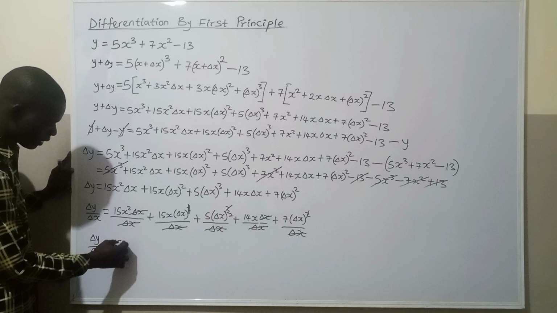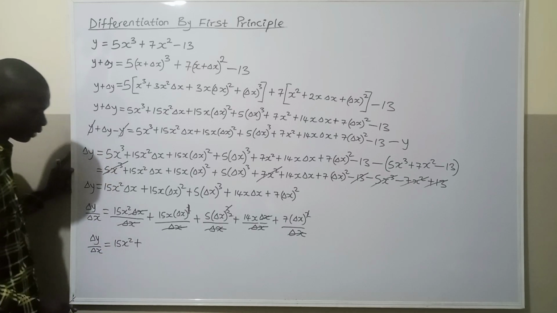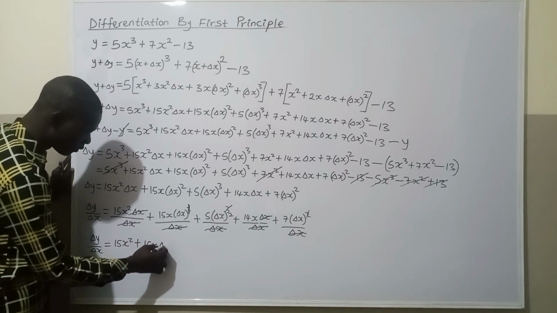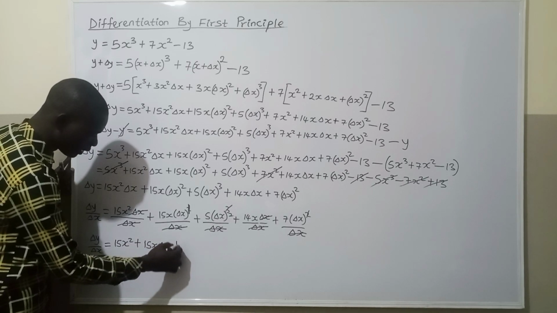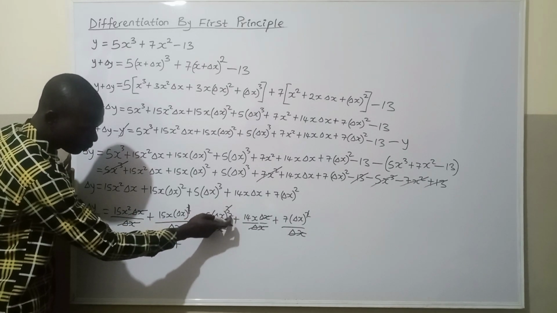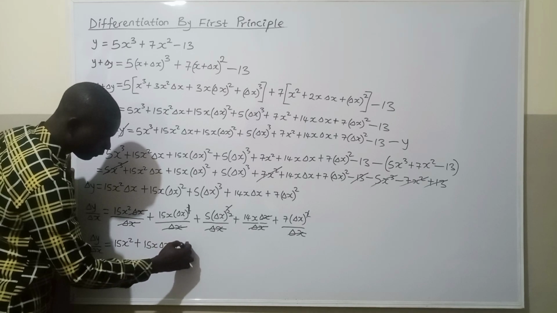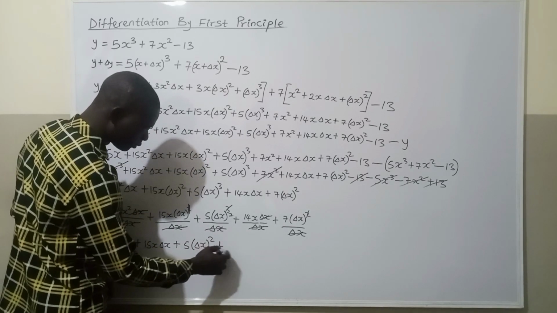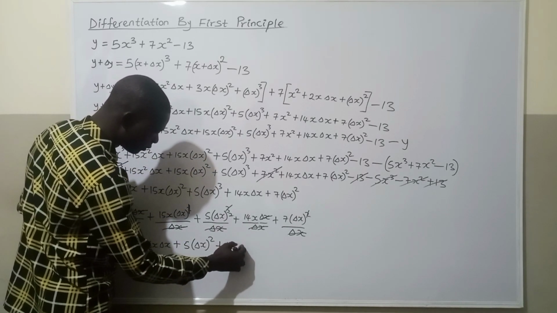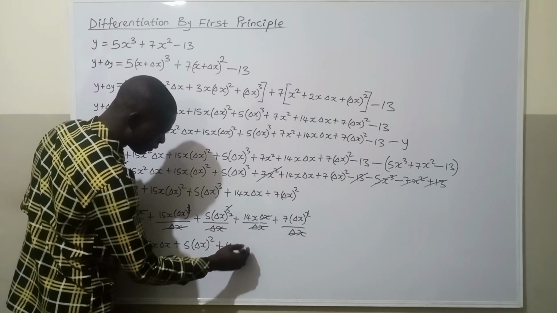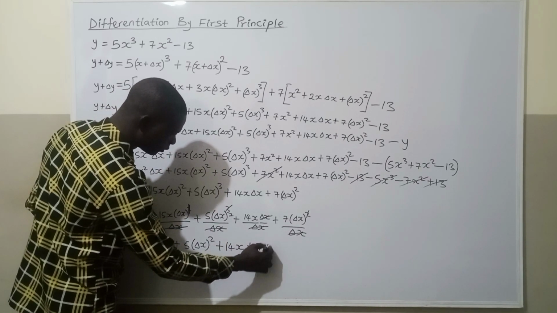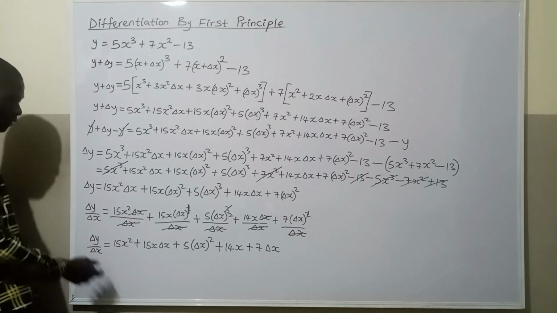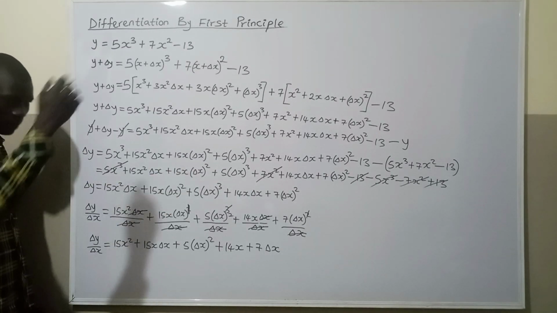That's what is remaining here, 15x squared, plus the next one, 15x delta x, plus the next one, 5 delta x squared, because out of 3 1 has been cancelled, will be left with 2, so that's going to be 5 delta x squared, plus what we are left with here is 14x, and then finally plus 7 delta x, because one of these would have been cancelled, so we'll be left with 7 delta x.